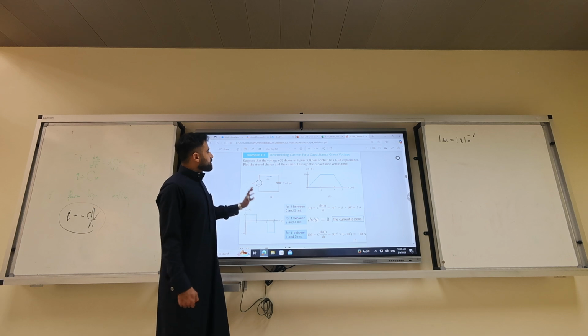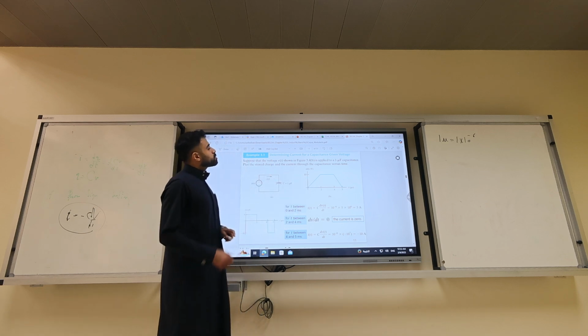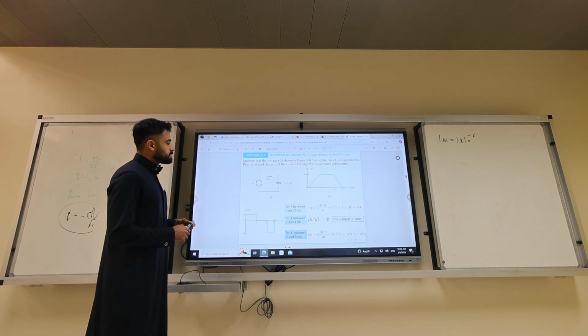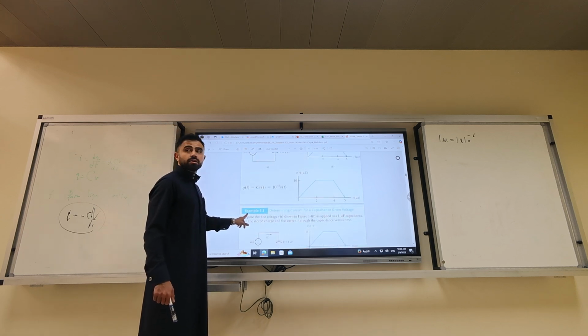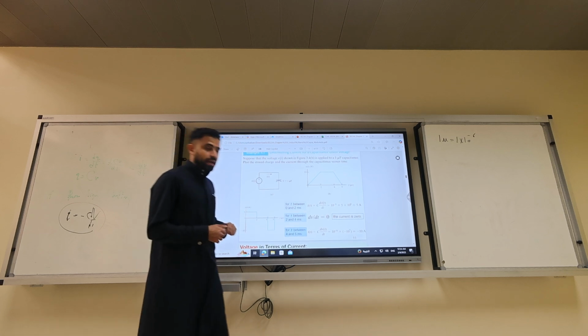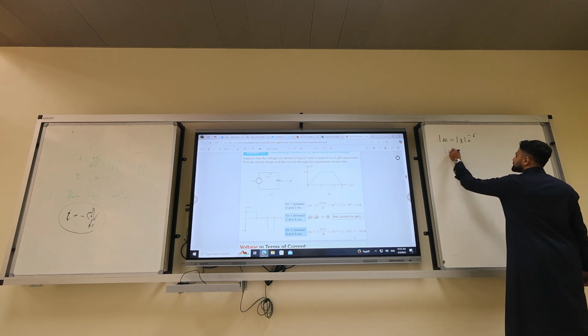Now, suppose that the same voltage is applied to the 1 microfarad capacitance. Plot the stored charge and the current through the capacitance versus time. We already plotted the charge. How about the current? Well, the current is nothing but, what's the equation? I equals C times dV/dt.